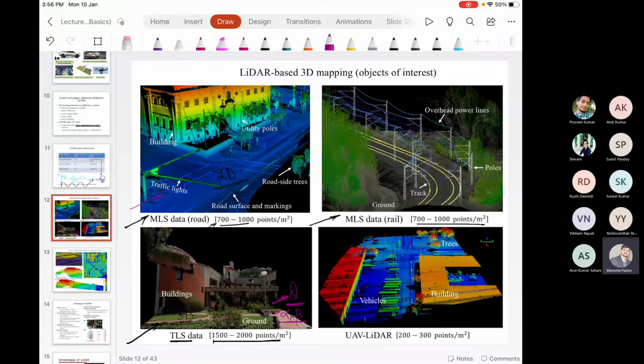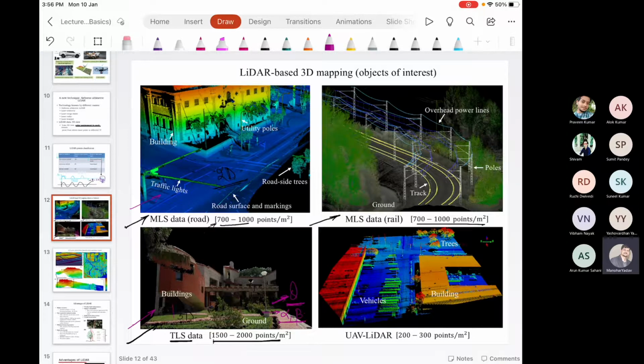I will take this up further, I think after 3 or 4 slides. So there will be more clarity on why in case of TLS, where we acquire the data using a 3D laser scanner, we get a high point density compared to mobile laser scanning based data acquisition where we use a 2D laser scanner.